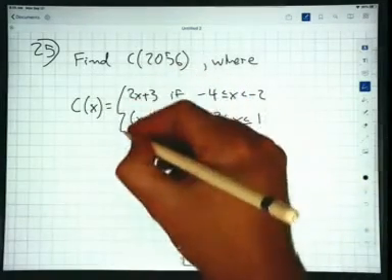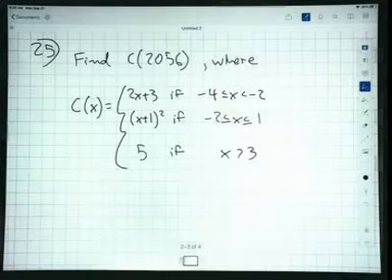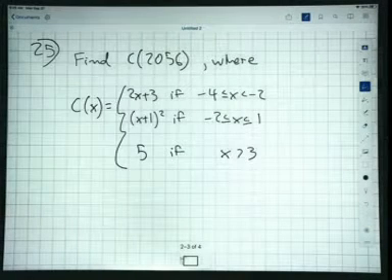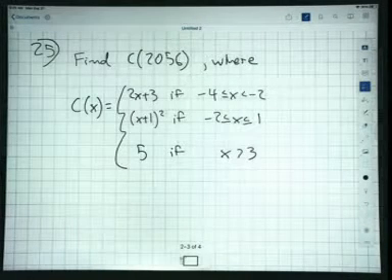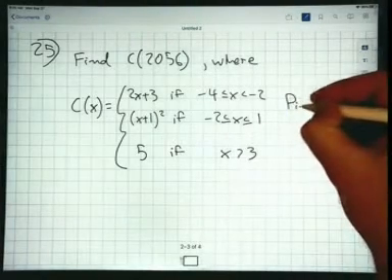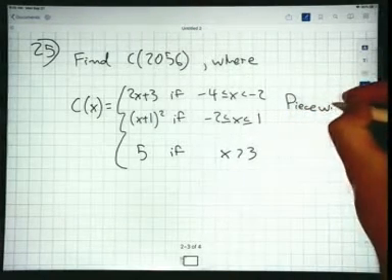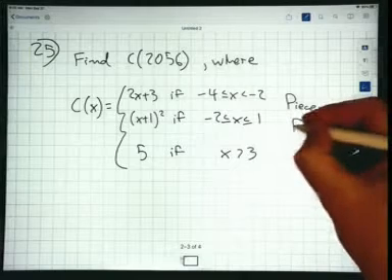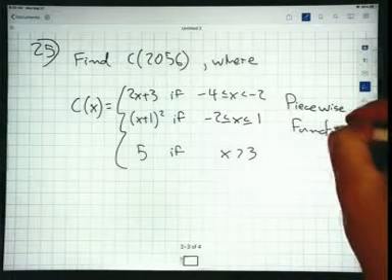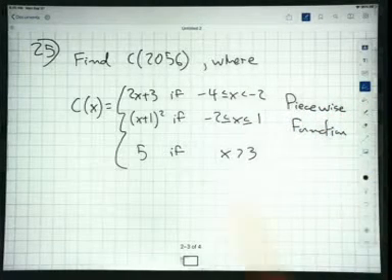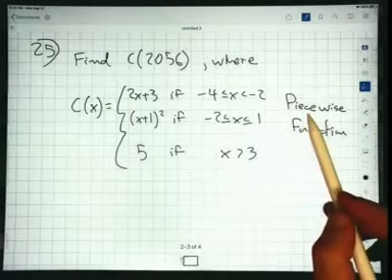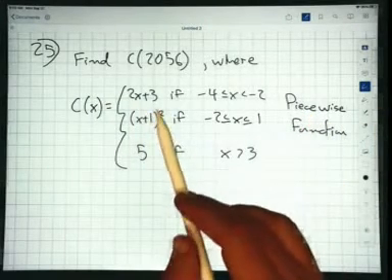A piecewise function is a function that's made of pieces of other functions.